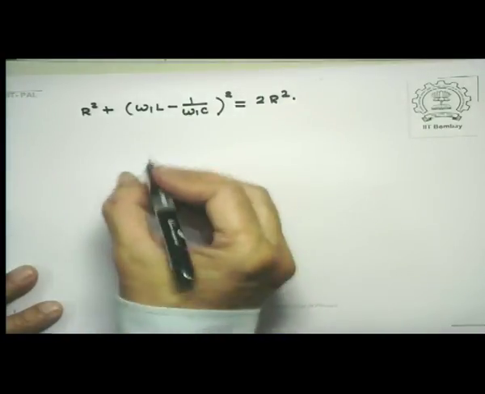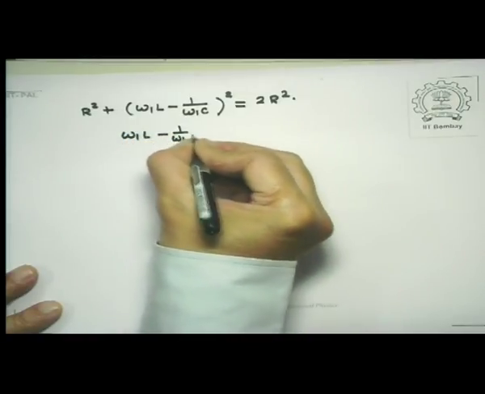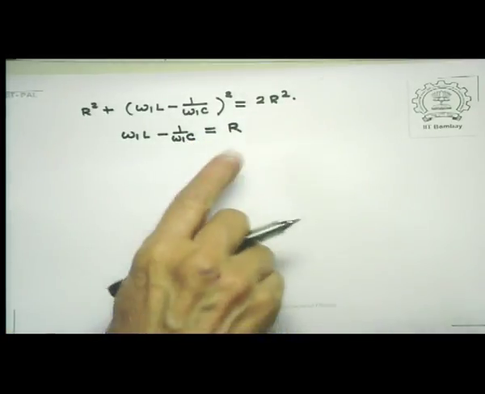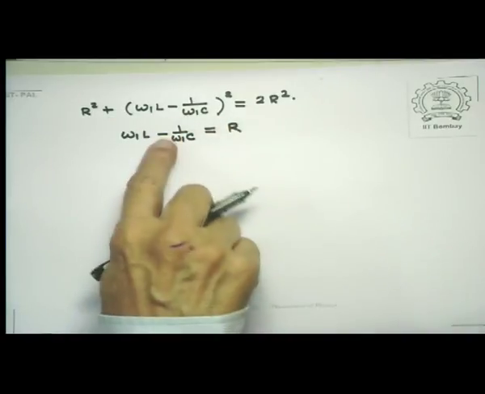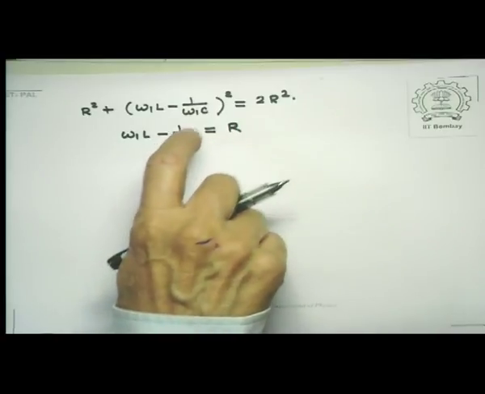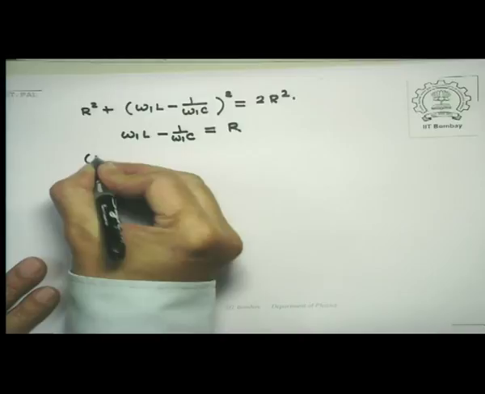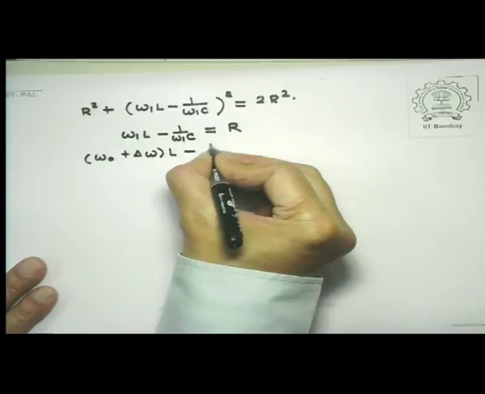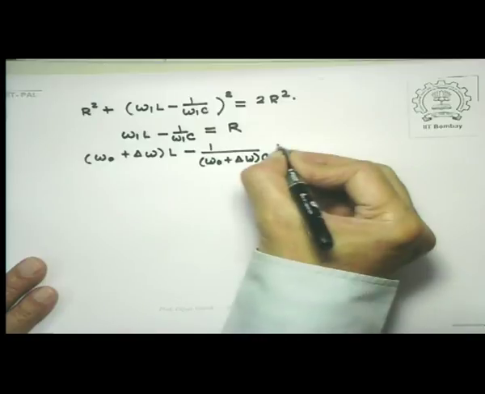And so that tells me that omega 1 L minus 1 over omega 1 C is equal to R. Now of course, the solution of this equation is plus or minus R, and it would depend upon which one to take, depending upon whether the inductive reactance is greater or the capacitive reactance is greater. But I already know that omega 1 is omega 0 plus delta omega. So this times L minus 1 over omega 0 plus delta omega times C is equal to R.